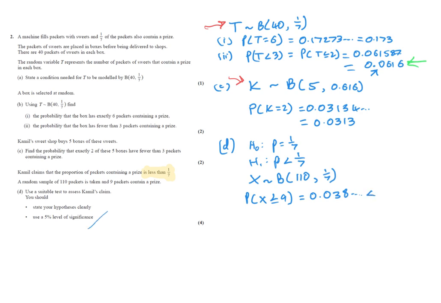So that's saying that it's quite unusual, isn't it? So what does that mean? Well, that is a very unusual result if that was the distribution that we have. So I'm going to reject H0, that there is significant evidence to suggest the proportion of the prizes is lower than a seventh.